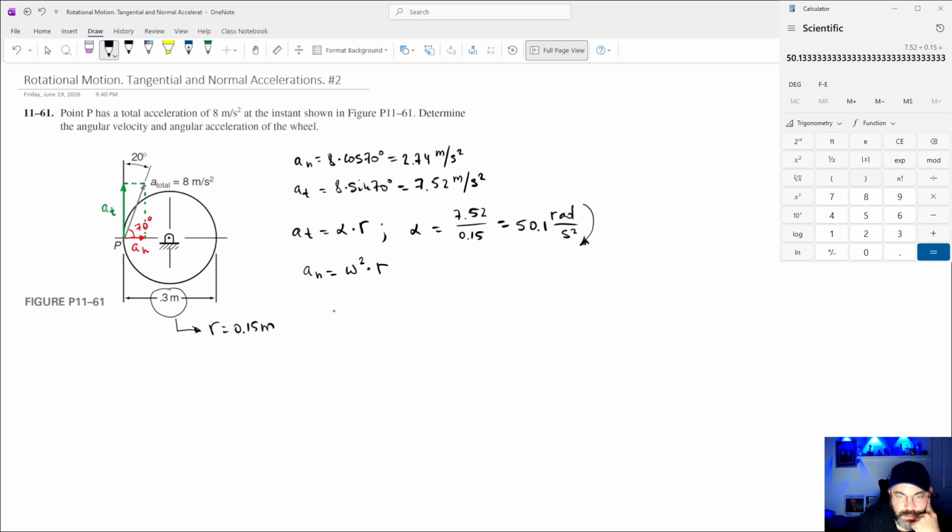that means that our omega is equal to the square root of normal divided by radius, right? That's an ugly square root. Maybe draw something better.